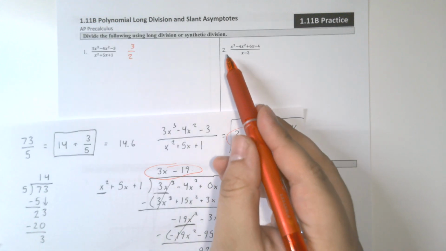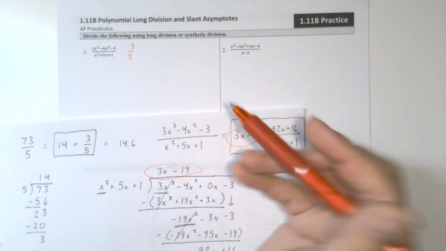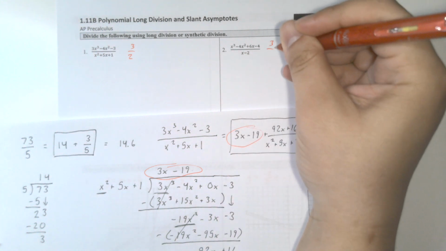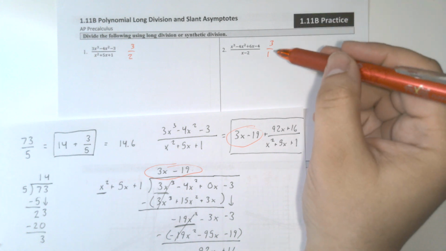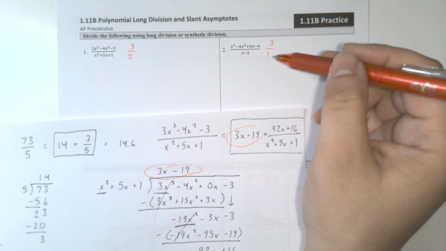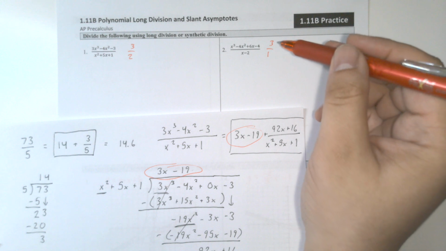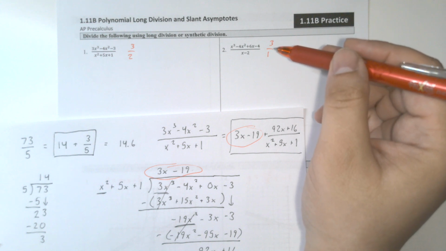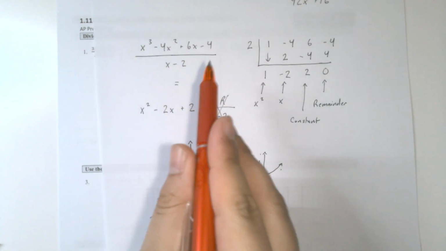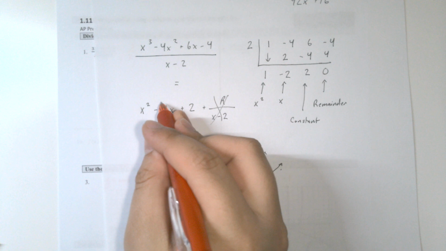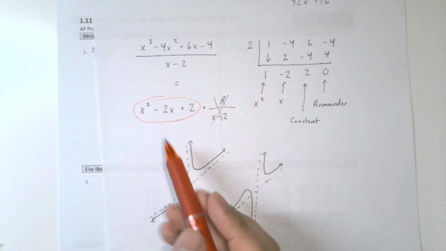On the other hand, for number 2, the degree here was 3, and the degree here is 1. So exactly 1 bigger than 1 is 2, which is not 3. So this is not a slant asymptote. However, what kind of asymptote is it? Well, when we did our synthetic division, this right here is our answer.